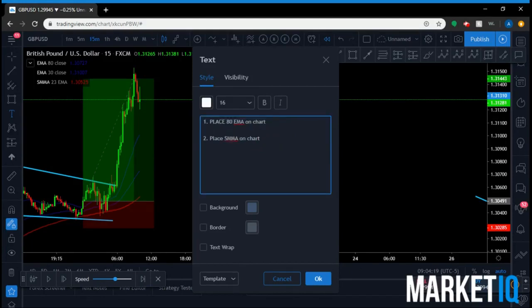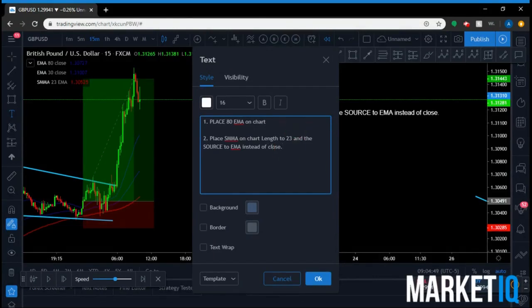Okay, so when you place the SMMA on chart, you're going to set the length to 23. And the source to EMA instead of close.